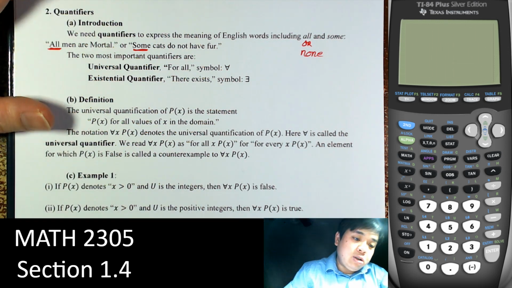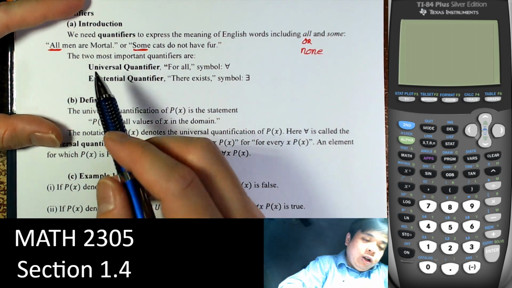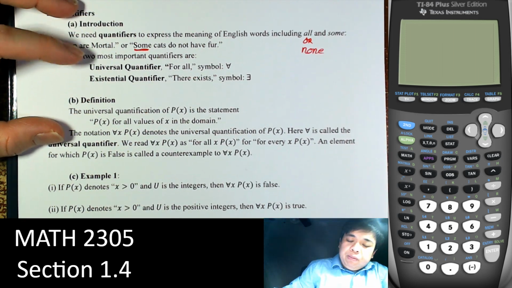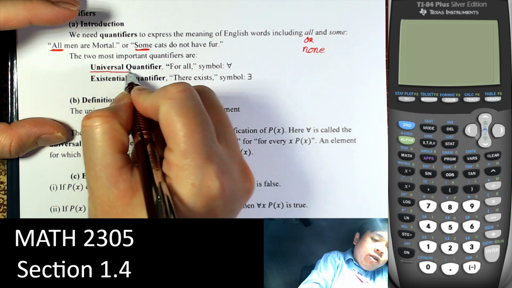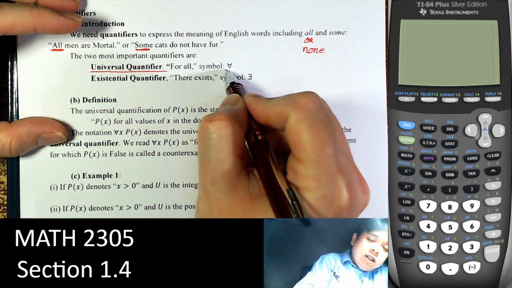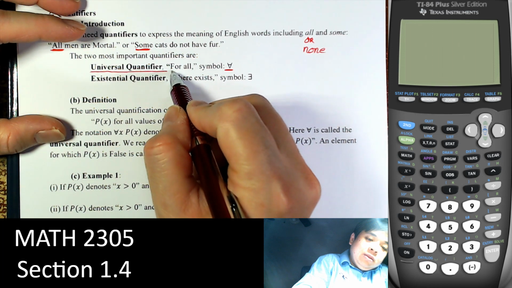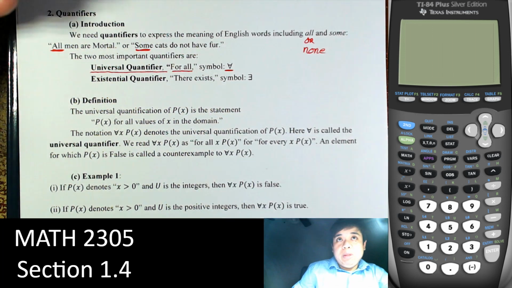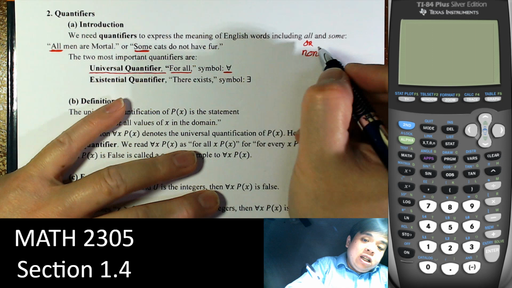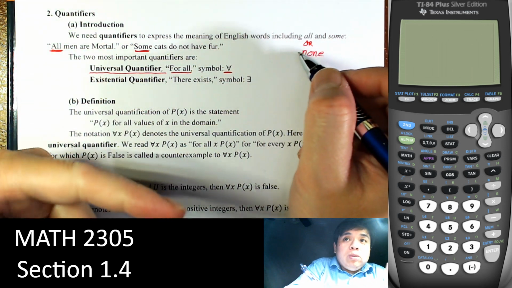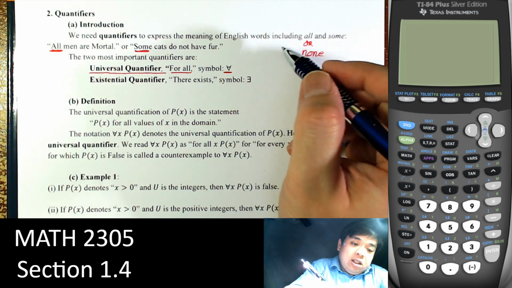and some, many, at least one are classified as something else. So there will be 2 types of quantifiers. The first one is the universal quantifier, denoted by the upside down A, meaning for all. But like I said, it could be none, it could be all, every, those kinds of things.